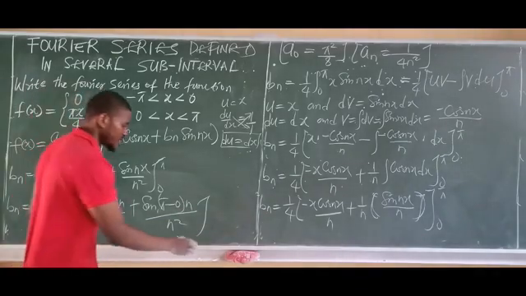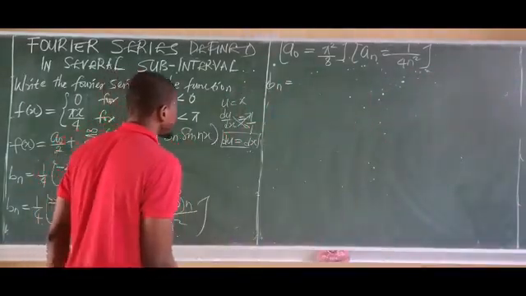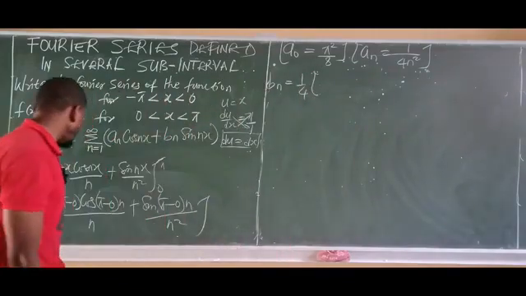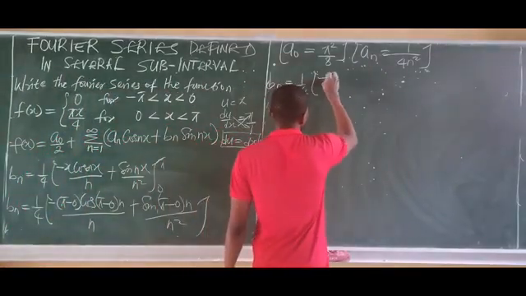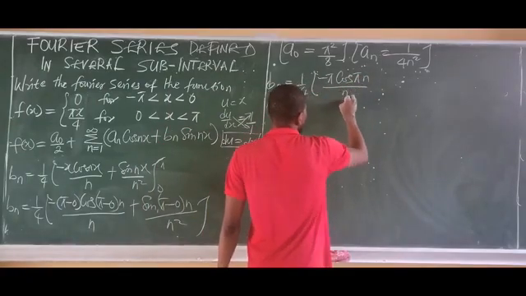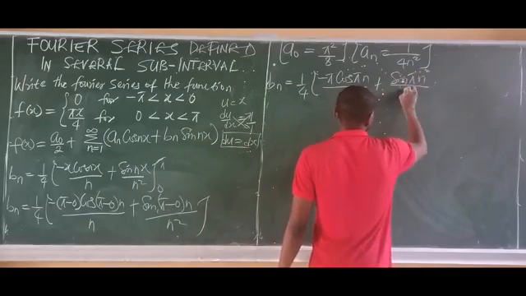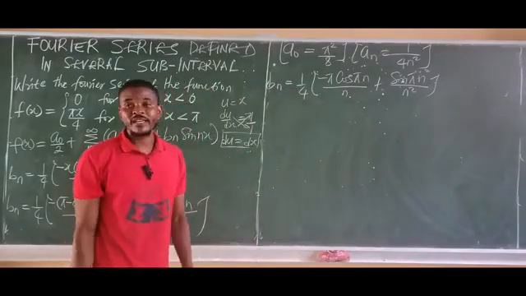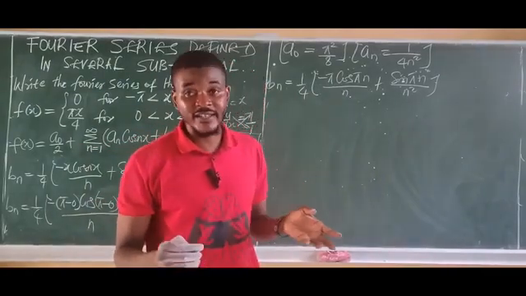So you have this. Let's continue here. This is equal to 1 all over 4 into pi minus 0 remains pi. So this becomes minus pi cos pi n all over n plus sine pi n all over n squared. And I said in front of a trigonometric function, pi always appears as 180 degrees.